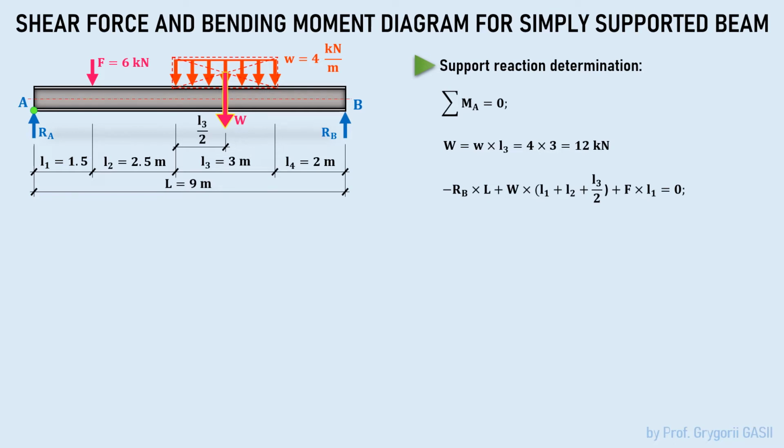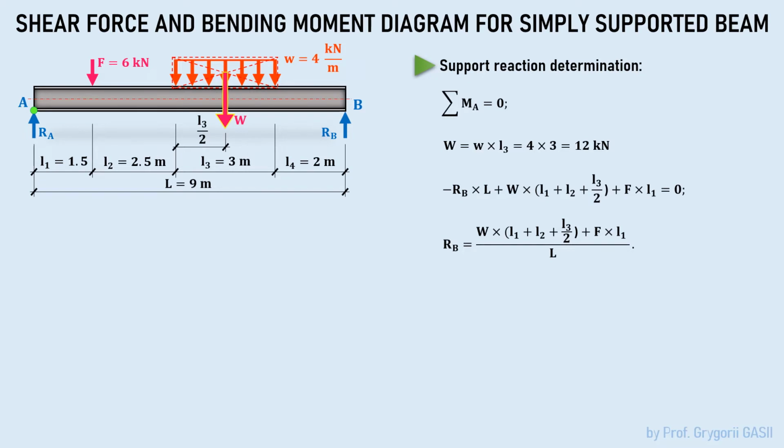The moment equation consists of the support reaction at point B with the minus sign, the resultant force of the uniformly distributed load with the plus sign, and the point force with the plus sign. From this equation, you can get a formula for calculating the support reaction at point B.